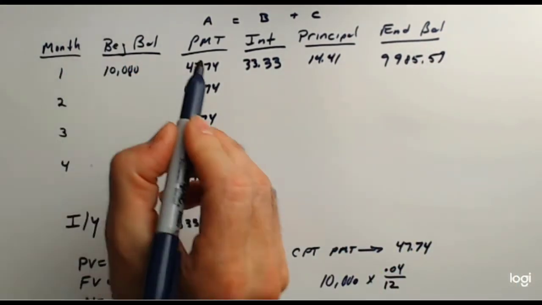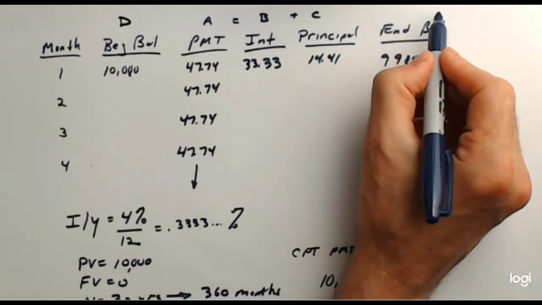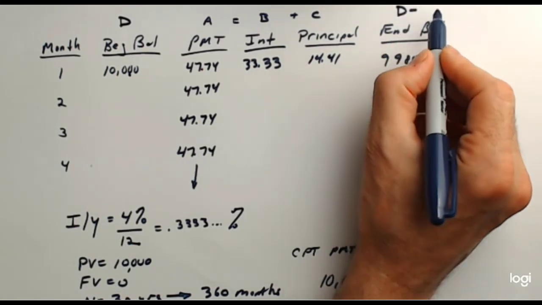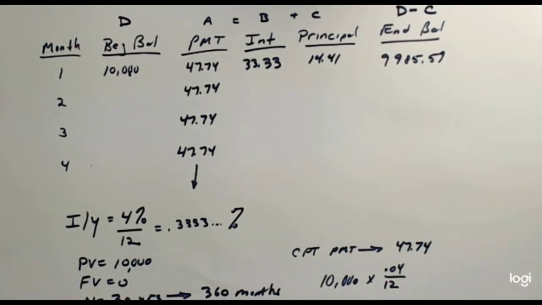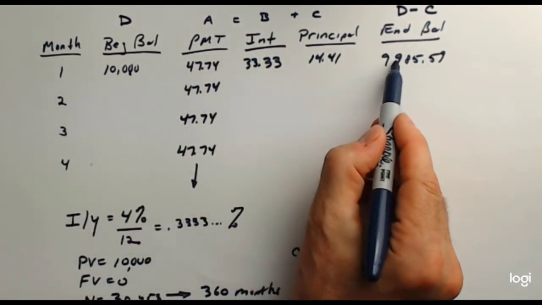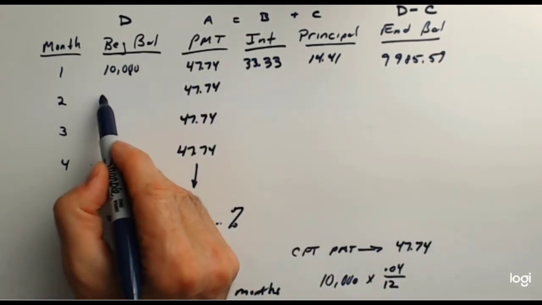And so if you call this column D, this column will be D minus C. 10,000 minus the 14.41.